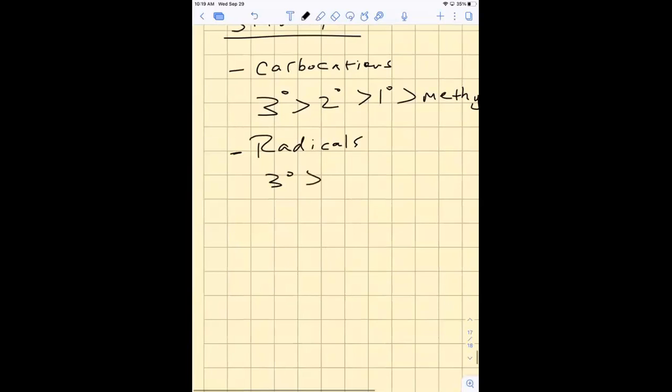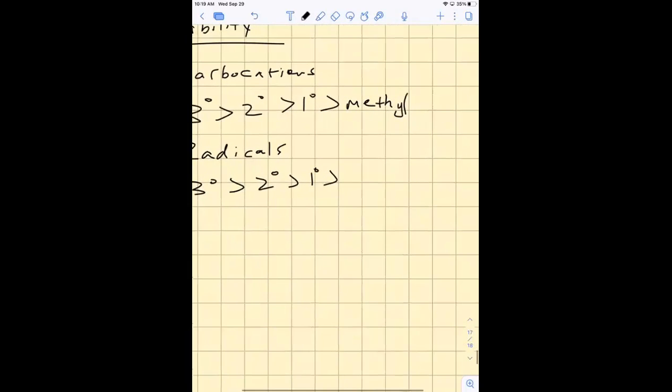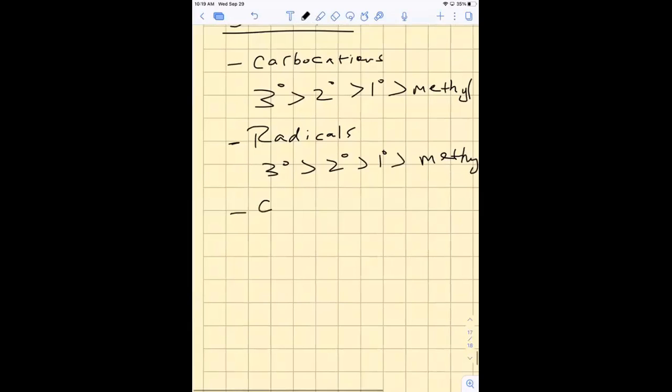Tertiary, secondary, primary, and then methyl. And then for carbanions, it's the exact opposite. The methyl is the most stable. And I'm going to show you why.